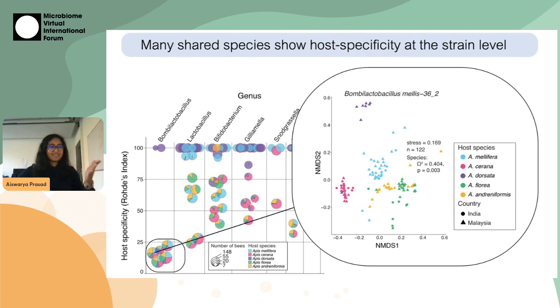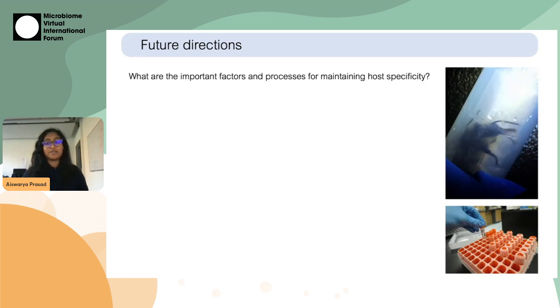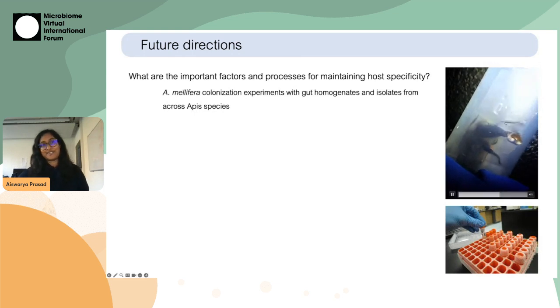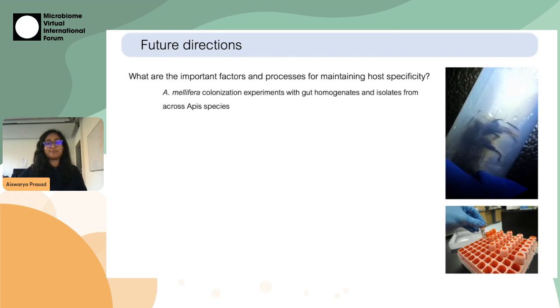So these patterns that we've now seen set us up very nicely to ask what are the important mechanisms and processes for maintaining host specificity. Bees are a great model to ask this because, as you can see on the right, we can colonize Apis mellifera with specific microbes, and we have an ever-growing strain collection thanks to all of our collaborators.